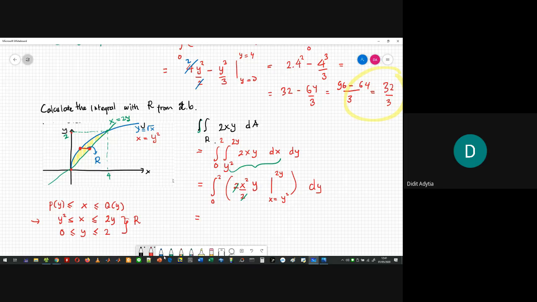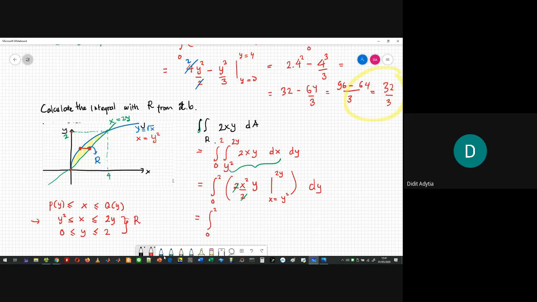So I substitute again. I will rewrite again, not 0 to 2. So I will replace the x with y squared. Y squared square times y. Sorry. So the order is wrong again.